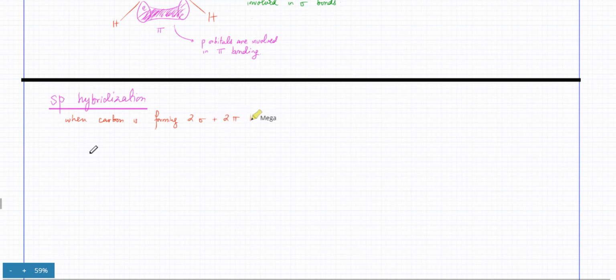So it basically means it's either forming 2 double bonds or it's forming one single bond plus a triple bond.